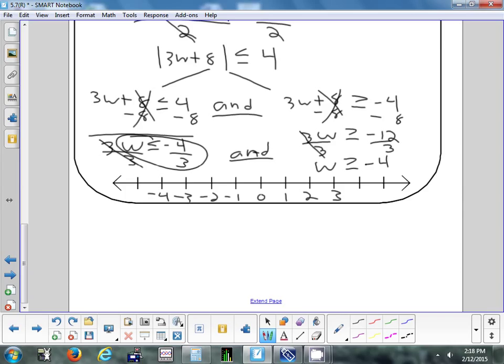I don't think we're going to need too many of the positives because this time both numbers are negative. What kind of circle on negative 4? Closed. Does anybody remember what negative 4 divided by 3 was? We had that number earlier. Negative 1.3. Okay. And now from the negative 4, which way are we shading?